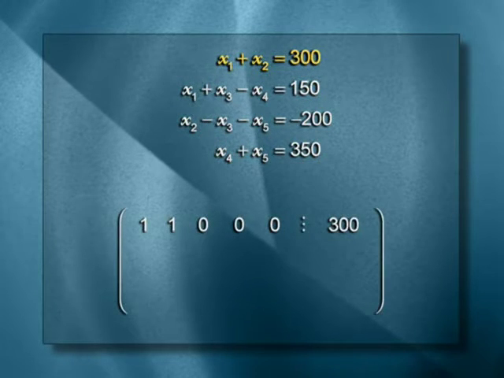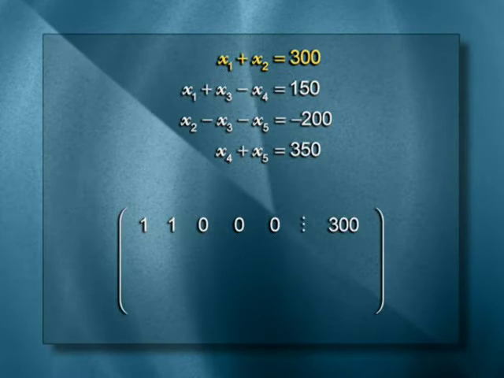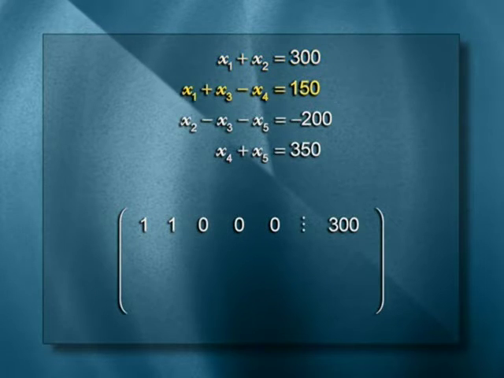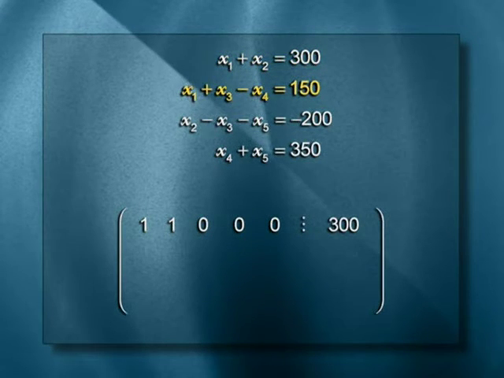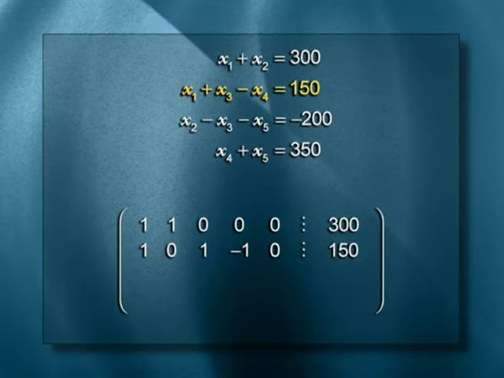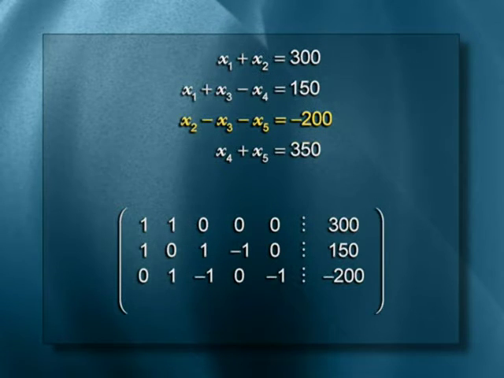And in matrix notation, you would write it as the first row of your matrix, 1, 1, 0, 0, 0, 300. The row corresponding to the second equation, it turns out to be 1, 0, 1, minus 1, 0, 150. The third equation, 0, 1, minus 1, 0, minus 1 equals minus 200.